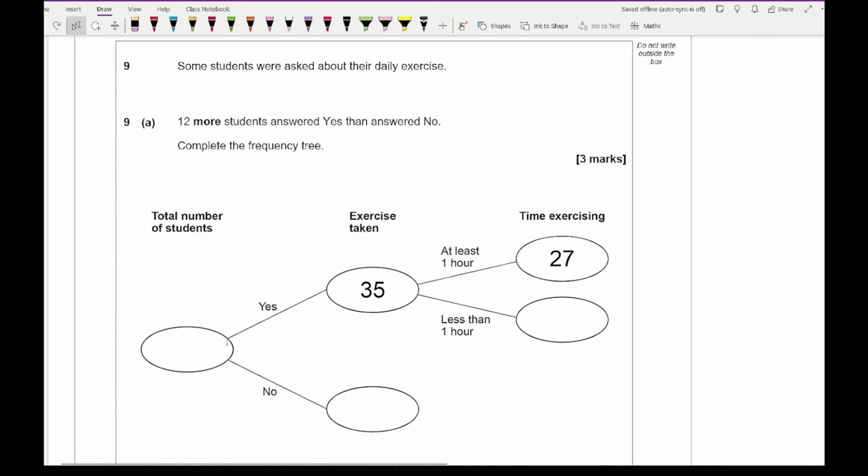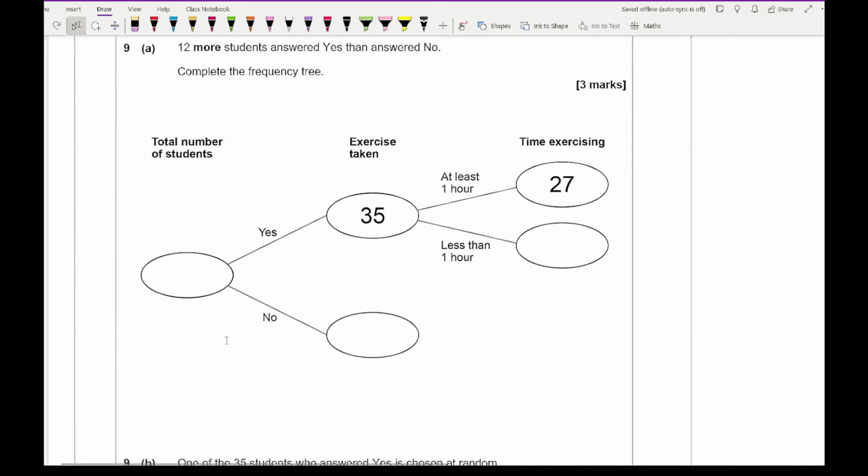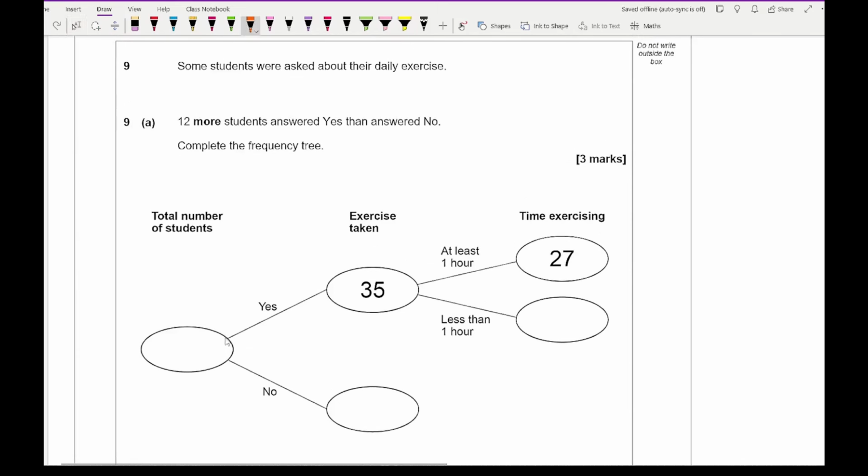Then moving on to question 9, it says some students were asked about their daily exercise. 12 more students answered yes than answered no. Complete the frequency tree. So the first thing here we need to do is actually the reverse of many of these questions. Rather than going from left to right, we're actually going to go right to left.